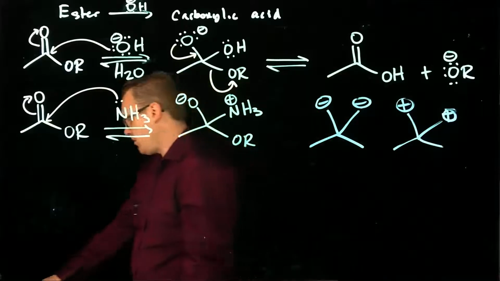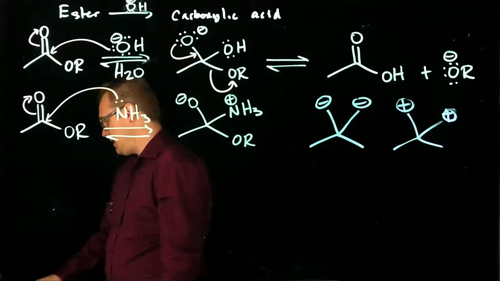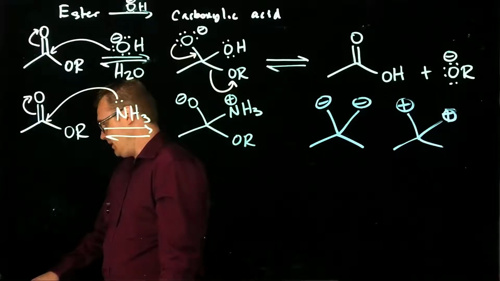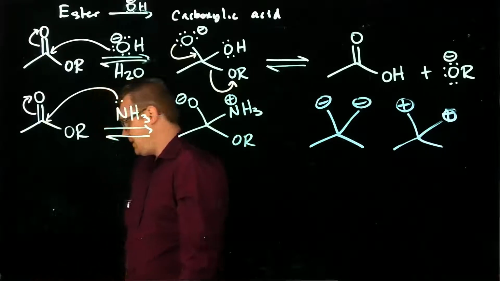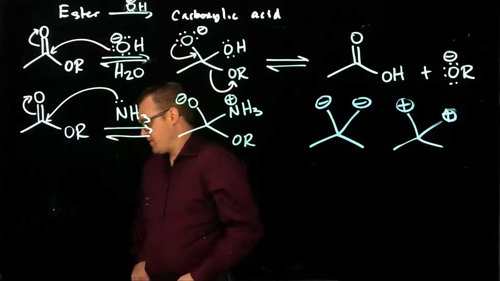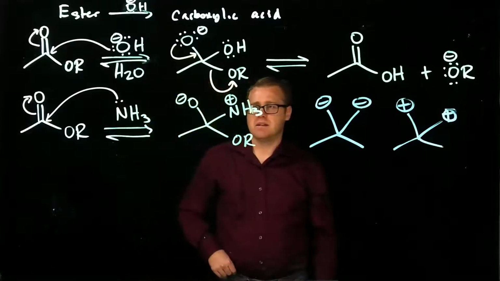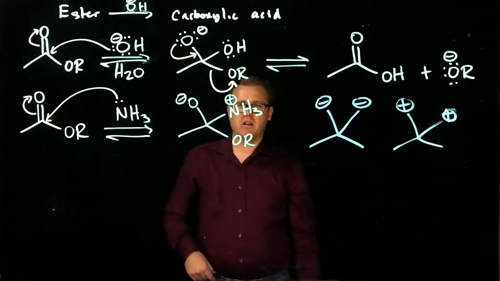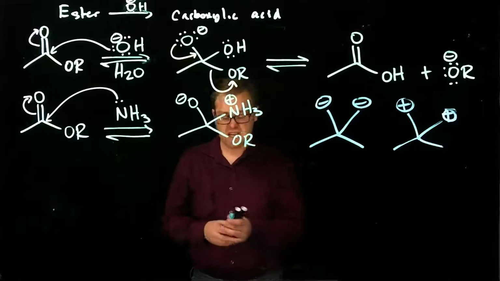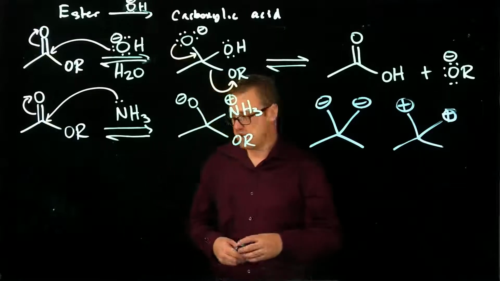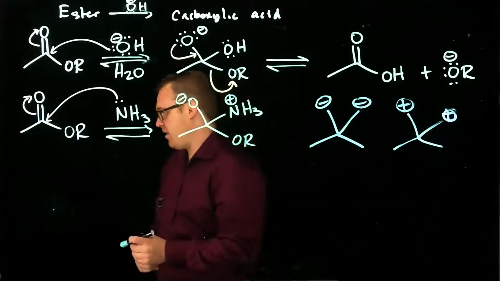So next, what we're going to discuss, let's take a look at something that's not acidic or basic. It's just kind of like neutral conditions. Like, what do you do there?